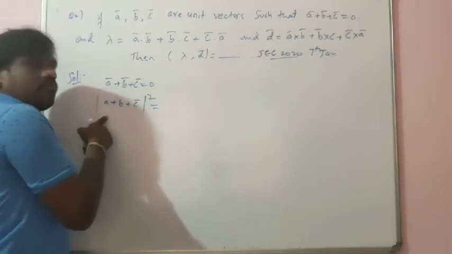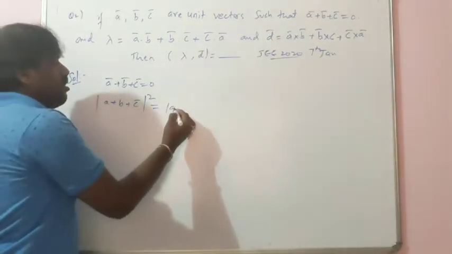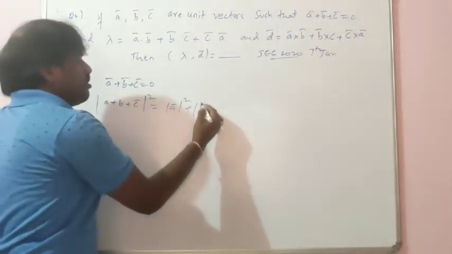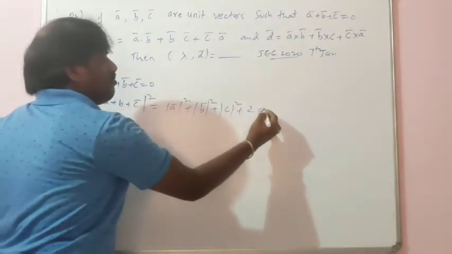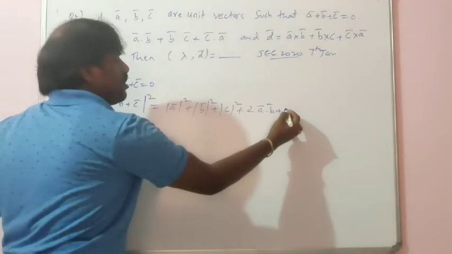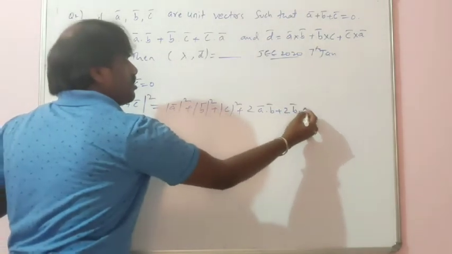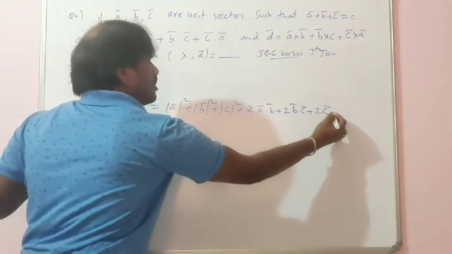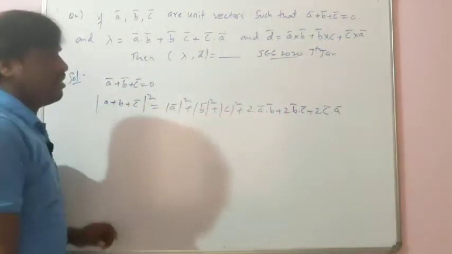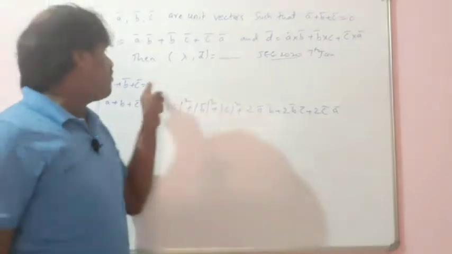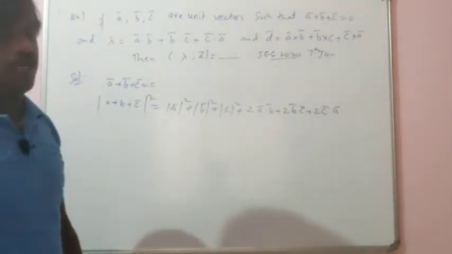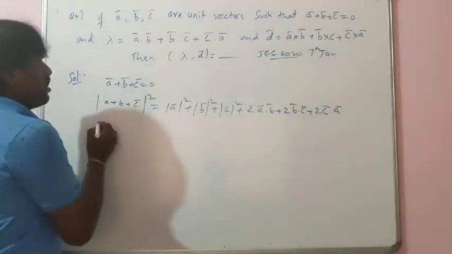You know this formula already: |A|² + |B|² + |C|² + 2(A·B) + 2(B·C) + 2(C·A). You can see that A·B + B·C + C·A is possible when you use this square.